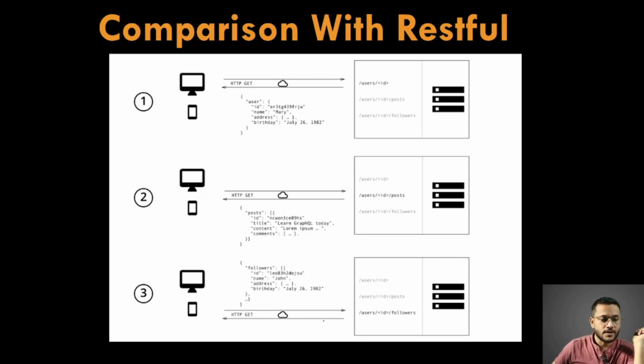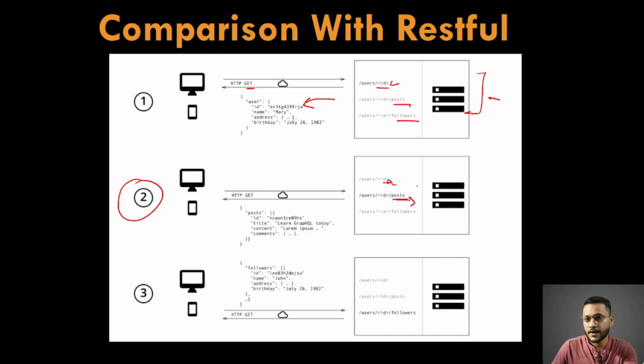As you can see here, this is my RESTful application, and we have three operations here: post, follower, and user. If I want to see the user, I will say get, call this operation, and I will get a particular user. Post is just like a blogging site, an application where you write your blogs.